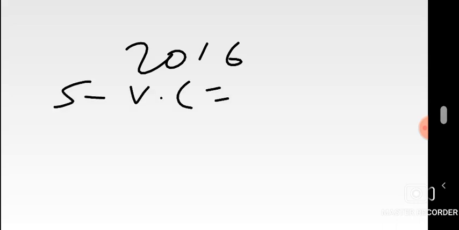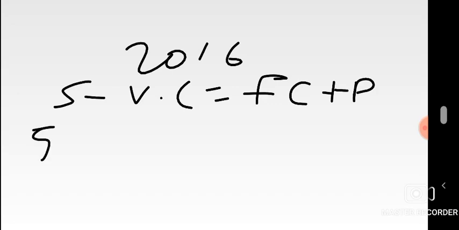Then 2016, the same model we started with: sales minus variable costs. Then we said that contribution is what is being looked for. So when you're looking for a contribution, you end up adding fixed costs and profits. It equates both sides like this. And then we start substituting what we know from 2016. 5394.